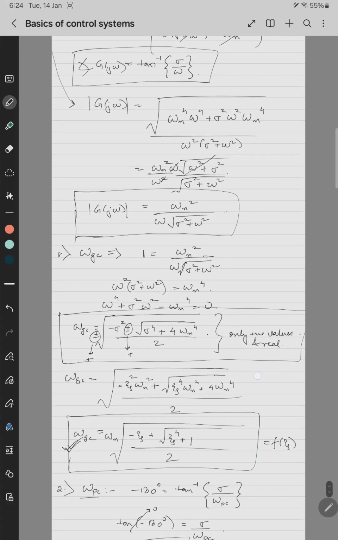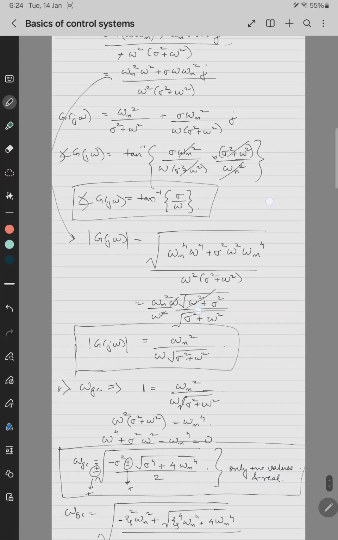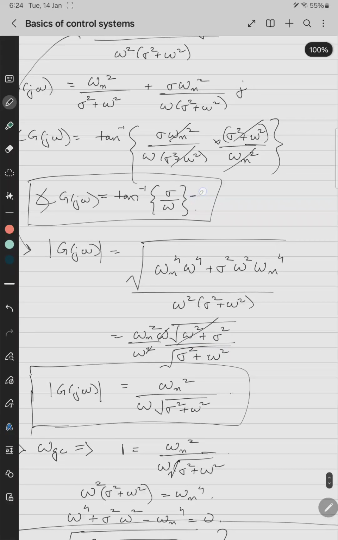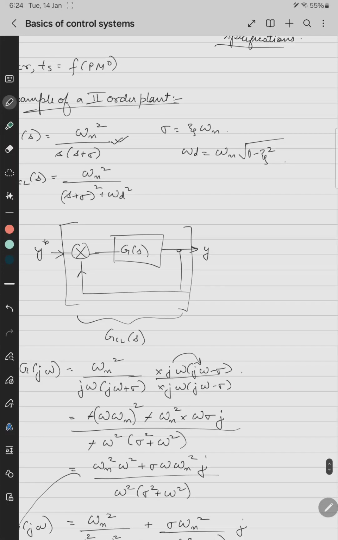Actually, there is some problem here. It should be minus 90 degree minus of this. Why? Because G of s you can write as omega n square by s into 1 by s plus 2 zeta omega n, that is, s plus sigma.